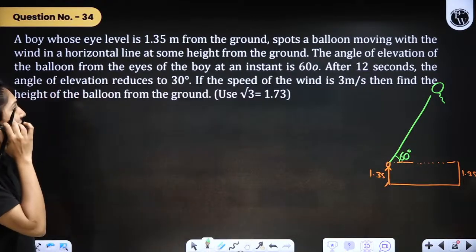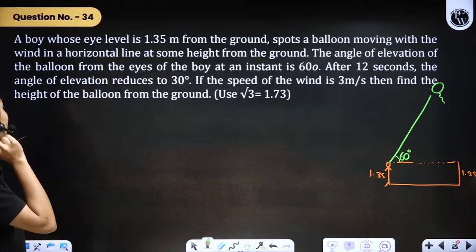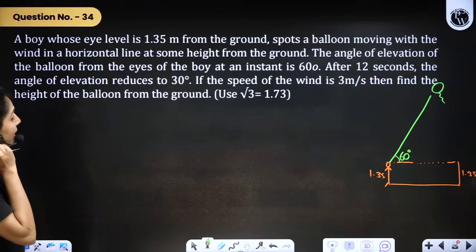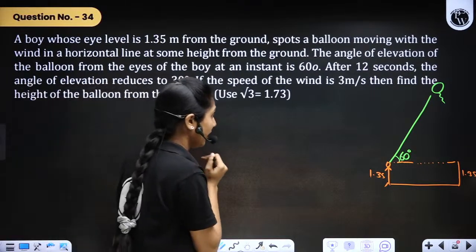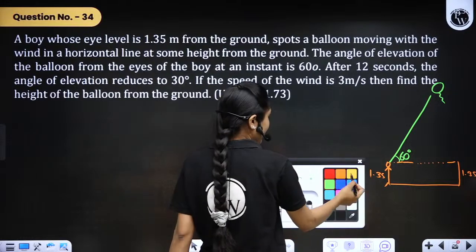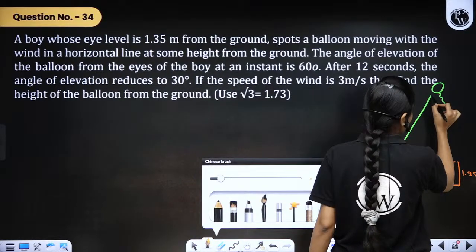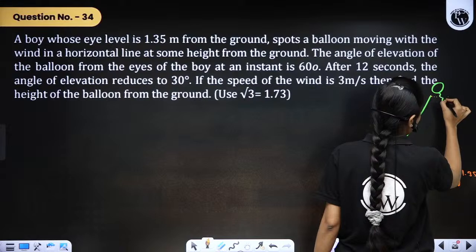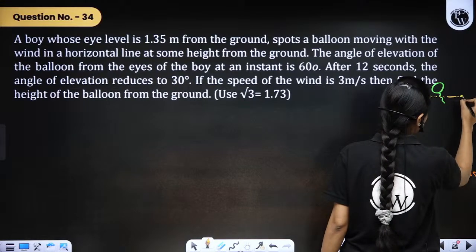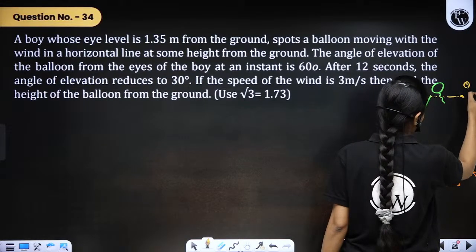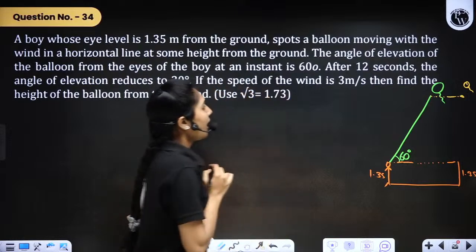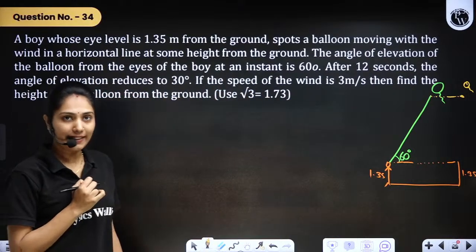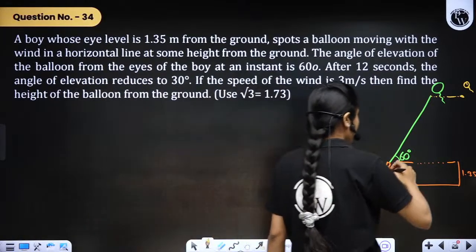Then what it says, after 12 seconds, the angle of elevation reduces to 30 degree. After 12 seconds, the balloon moves somewhere here, let's say. Now the balloon's position is here and the angle of elevation is 30 degree.